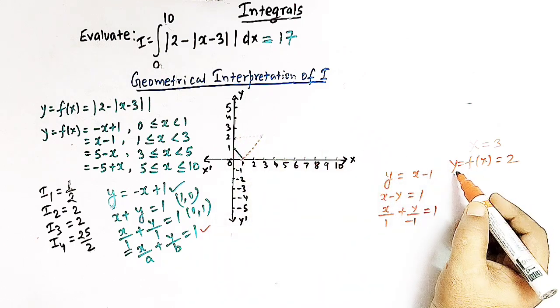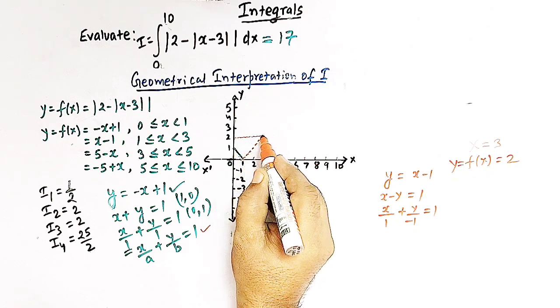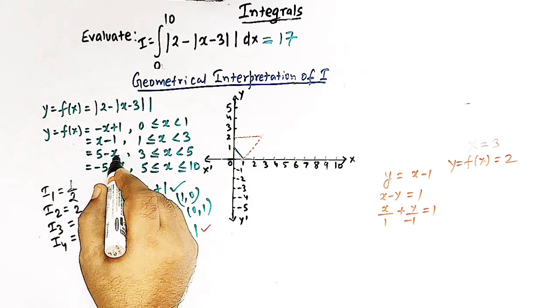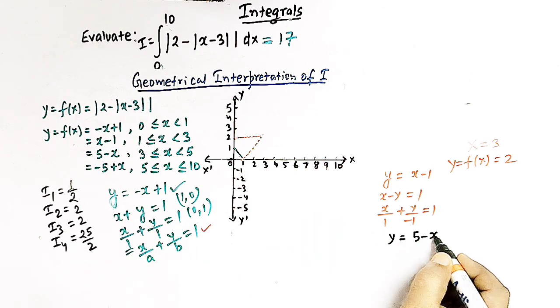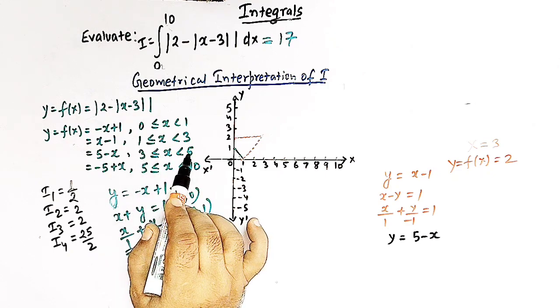So the line y is equal to 2 can be drawn like this. Now let us come to this line, that is y is equal to 5 minus x, and here the interval is from 3 to 5.